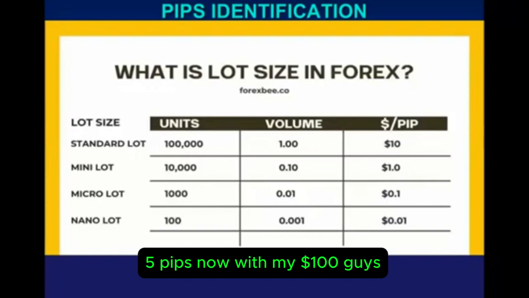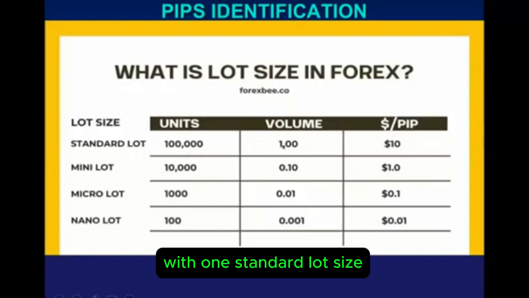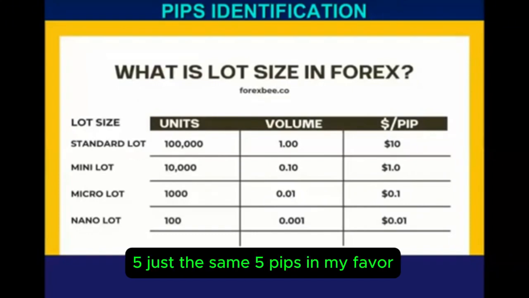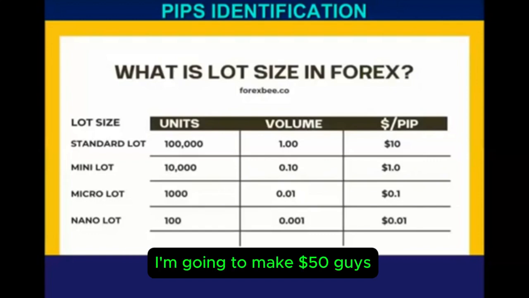Now, with my $100, guys, if I decide to enter the market with 1 standard lot size, just this 1 standard lot size, and the market moves the same 5 pips in my favor, I'm going to make $50.